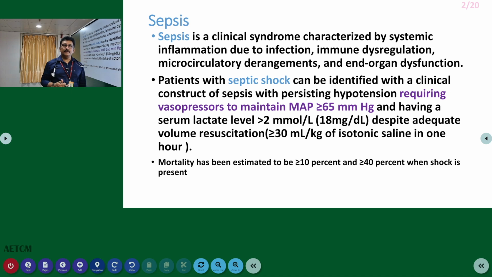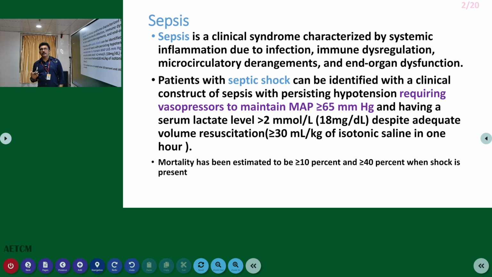Septic shock means the patient develops sepsis and then develops vascular leak or vascular collapse due to vasodilatation. That requires fluids. We can treat the patient with IV fluids like normal saline or lactated Ringer's, right? But the patient's BP may not improve even after adequate fluid resuscitation.